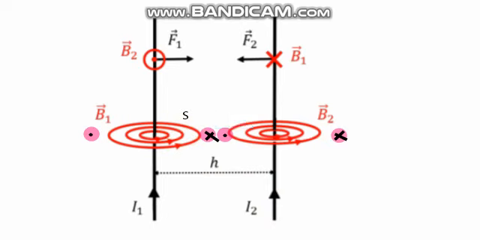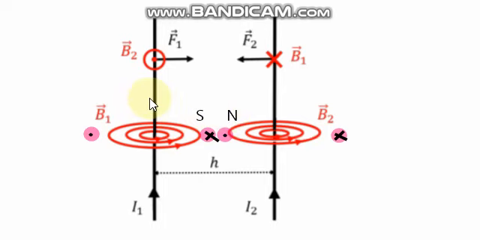This one will be represented by the south pole and the other one will be represented by the north pole. So the unlike poles, they will attract each other.